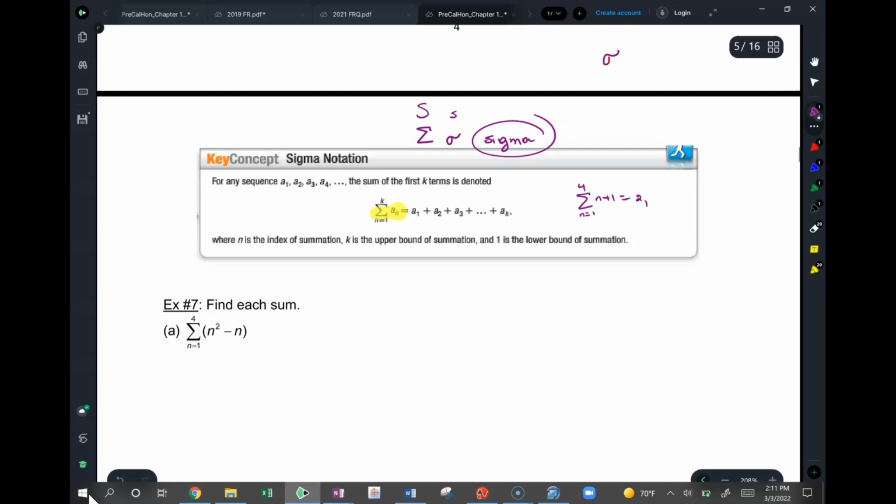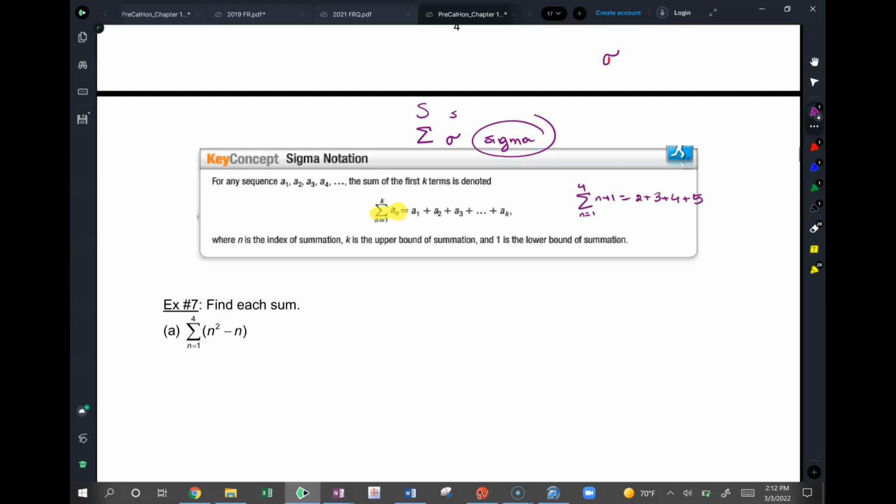Then I put in n equals 2, I get 3. Then n equals 3, and then n equals 4, and I add them all up. So you start from n equals 1, and you keep increasing n until you reach 4. From 1 to 4 is 4 terms. So that's what sigma is.